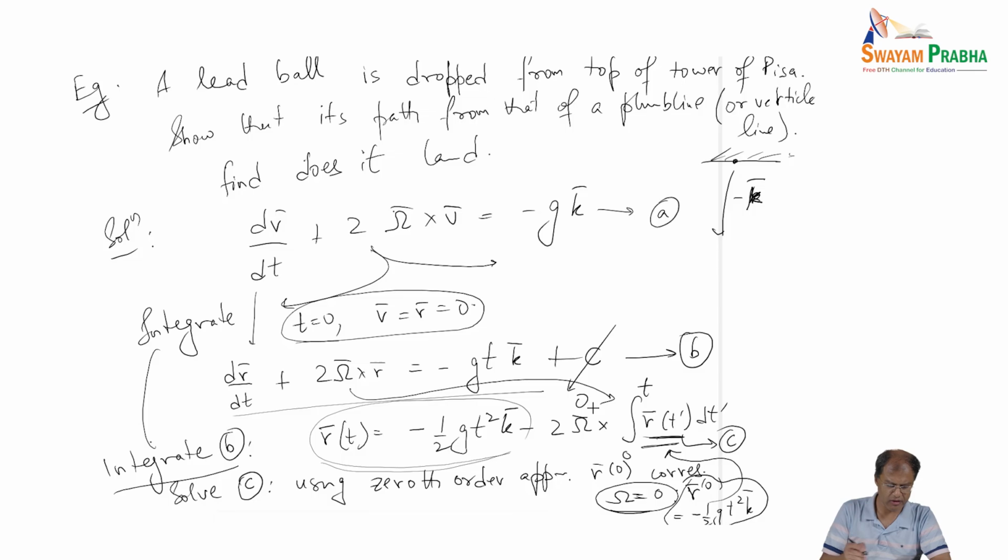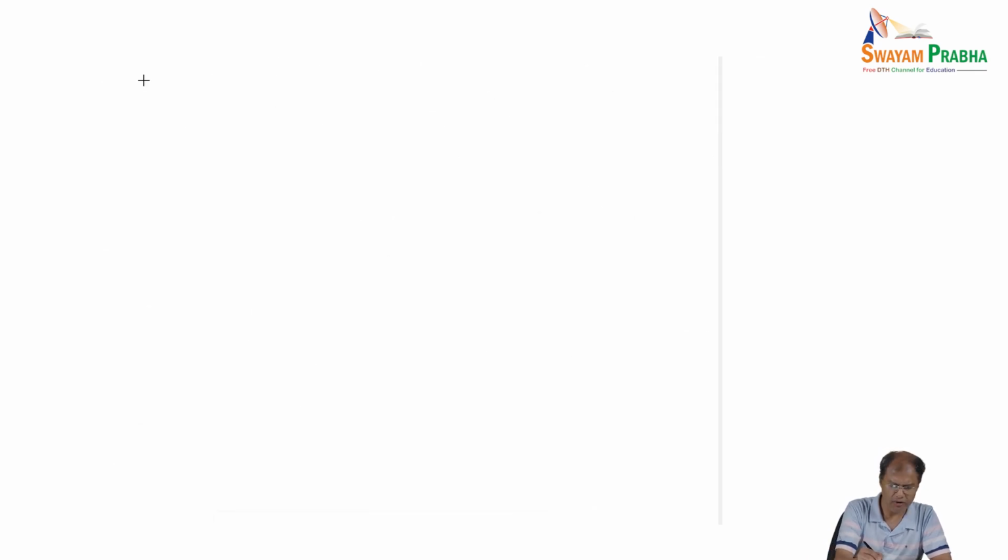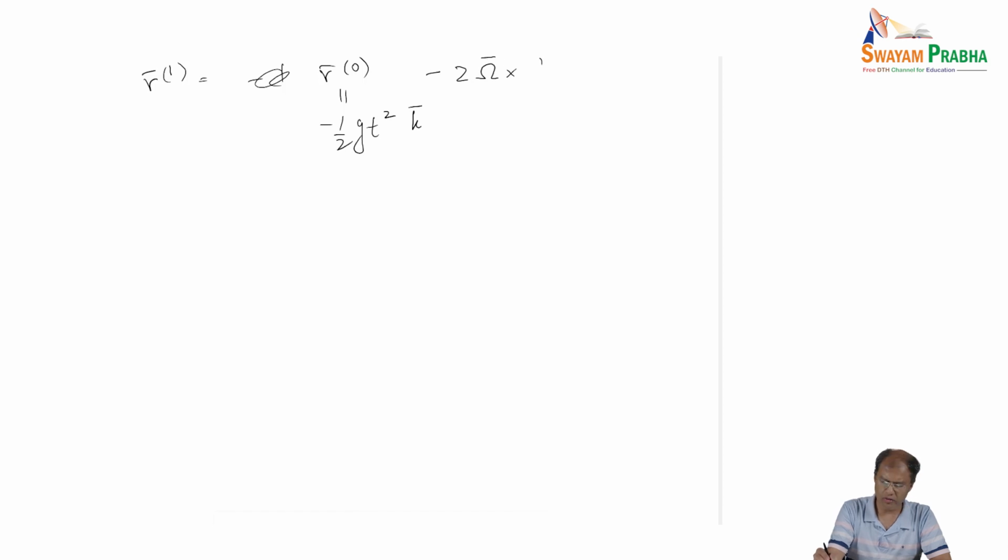Now we use this result to put it in the integral, and now our first order approximation R1 comes out to be the leading order approximation R0, so this is equal to minus half g t square k minus 2 omega cross the integral from 0 to t of R0(t') dt'.